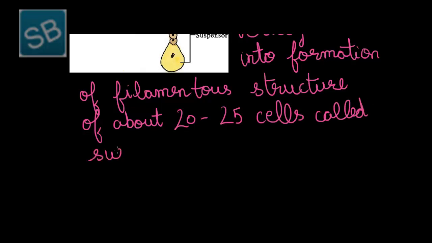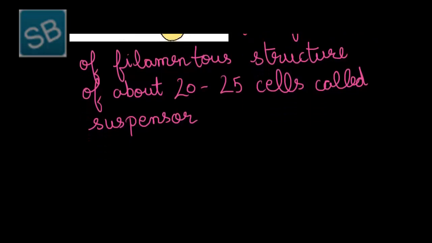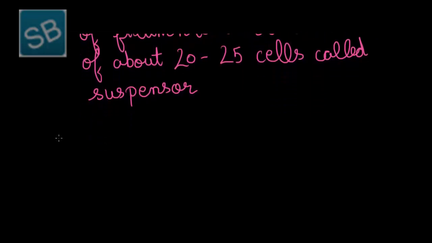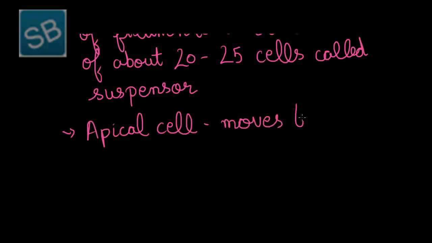It is these suspensor cells which further undergo cell division to form the globular stage, thereby heart-shaped structure and a mature embryo. However, as a result of the development of suspensor, the apical cell that gets divided moves towards the center or the middle of the embryo sac.